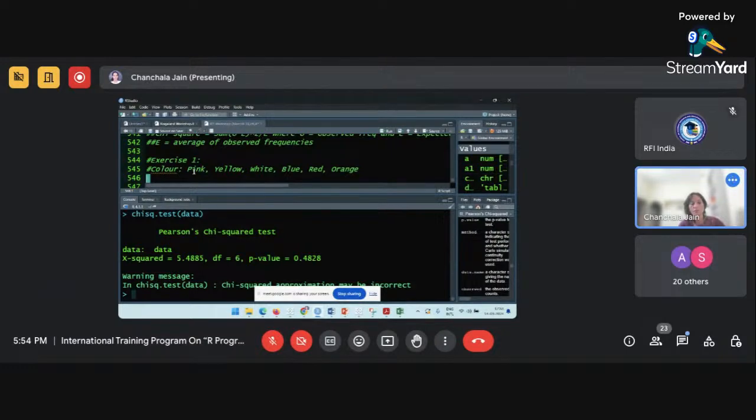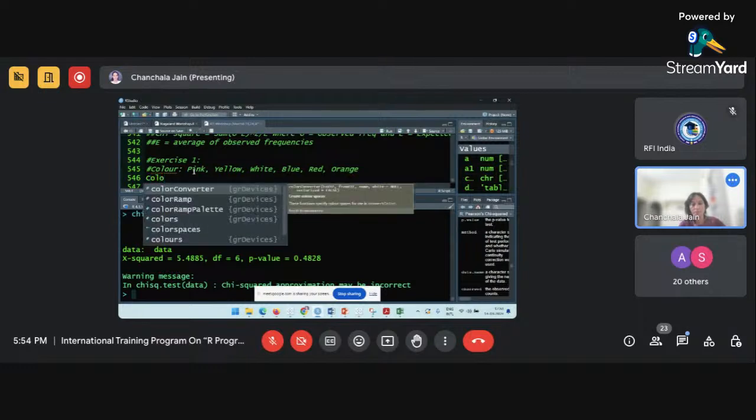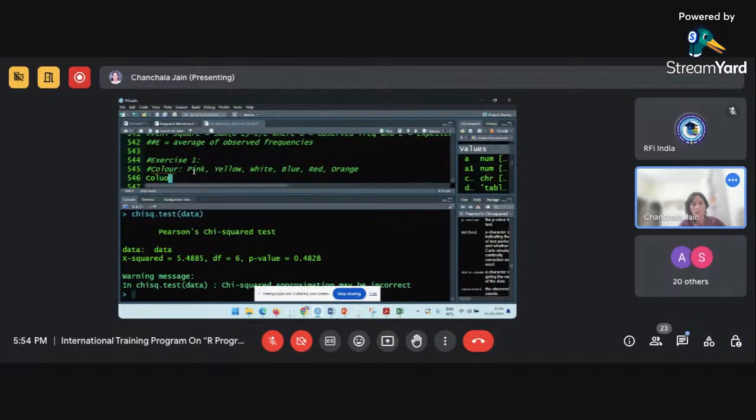Suppose I am making a vector of color using the c function, and I'm writing the frequencies here.